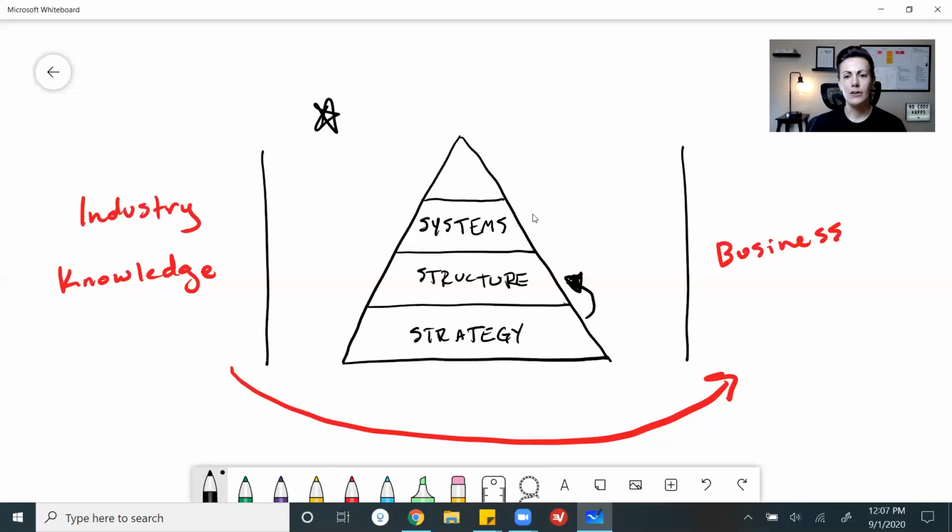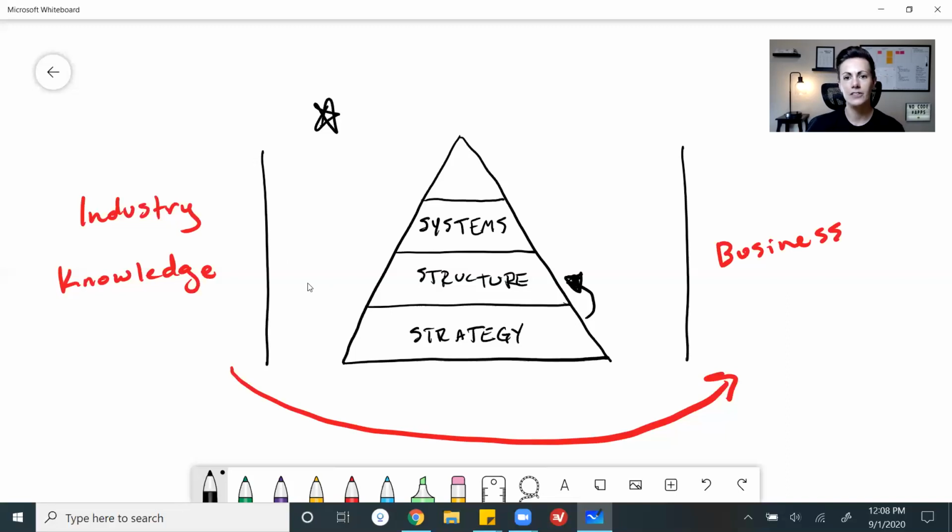Because again, the order in which you do things, how you go about this really matters in the long run. We're looking at this as how do we bridge this gap? How do we take this to the point of being a business that is scalable? We have to make sure we're looking at the right things at the right time. So we're taking that strategy, we're putting it into a structure, and now we're putting those customized niche features and functionality in place, but again, in a way that is scalable.